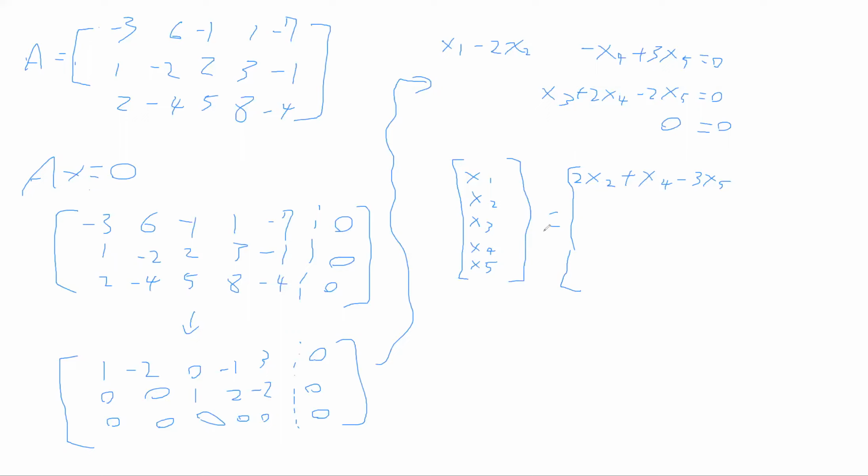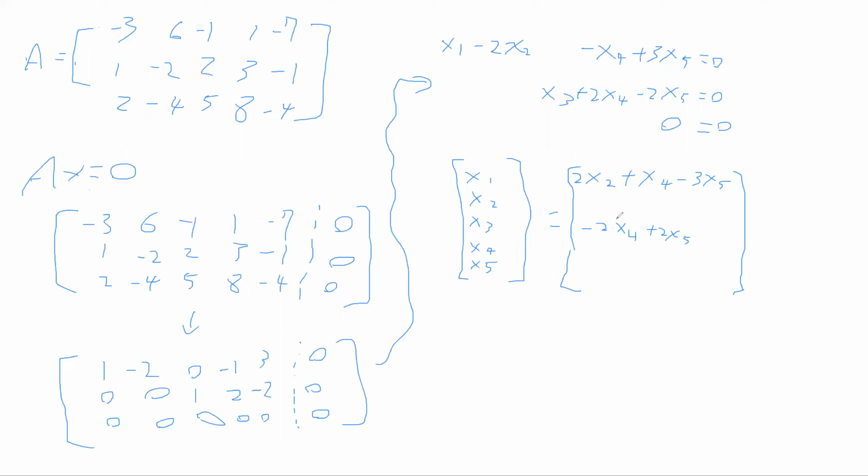We can rewrite that as negative 2x4 plus 2x5. Now you might ask, what about the rest? What about x2, x4, and x5? Now notice that x2, the second column, the fourth column, and the fifth column, they are not pivot columns.